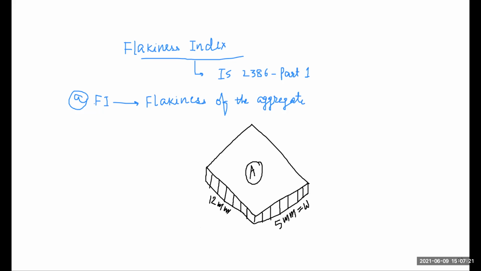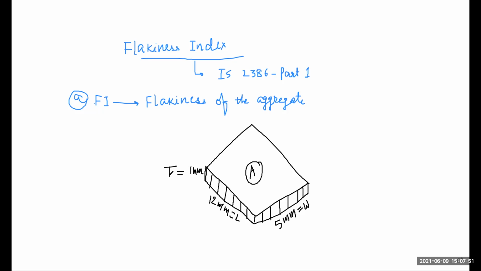Suppose 12 mm is the length of my aggregate, and this is 1 mm. 1 mm is my thickness, so 1 mm is equal to the thickness of my aggregate.